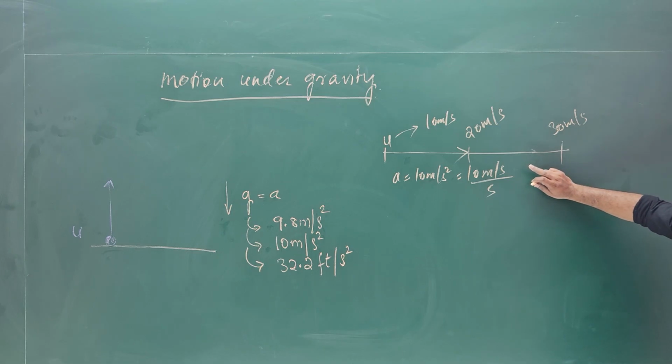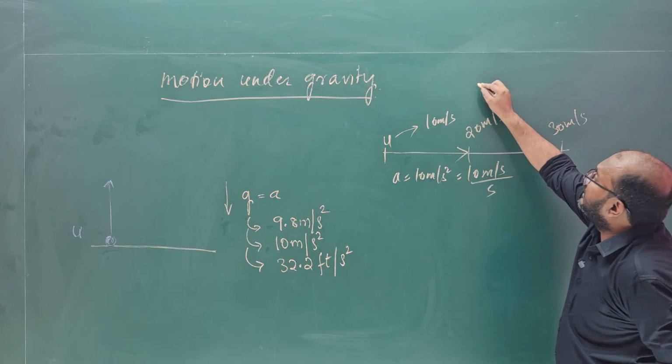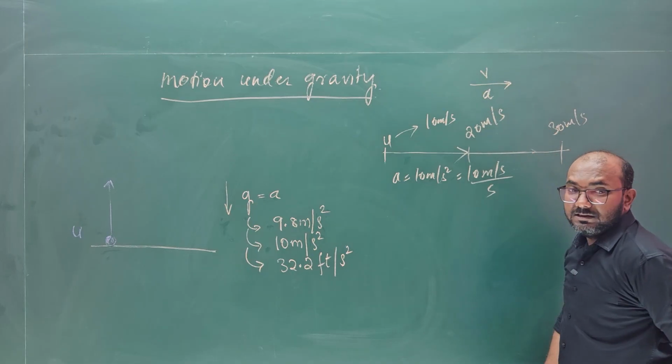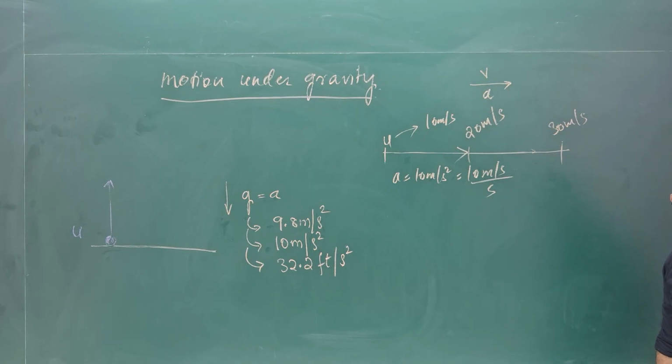Okay. Now, whenever velocity is increasing, then acceleration is positive. Acceleration is what? Positive. That means I can say that the velocity's direction and the acceleration's direction are both the same.